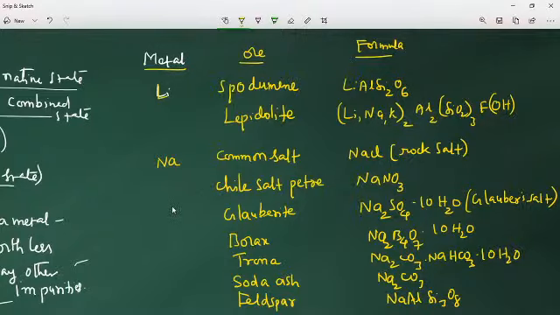Okay, next we will see the important ores of potassium.